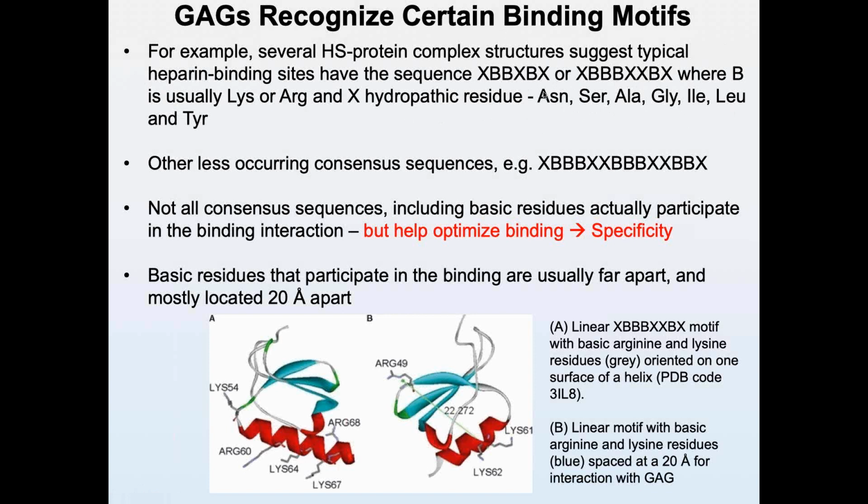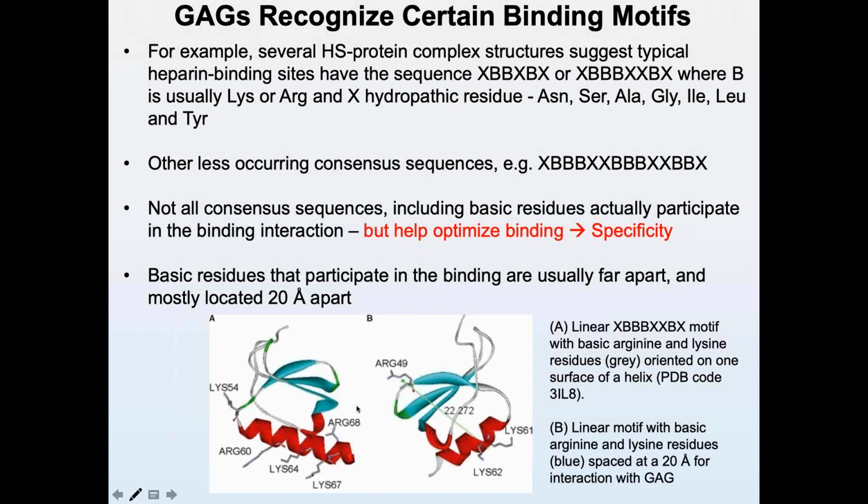It's not a simple matter of the GAG coming in and binding to the basic residues. They come in, they have to have some orientation in order to be able to bind. And these motifs are very important in allowing such orientation to take place. And we will look at how these orientations come about.